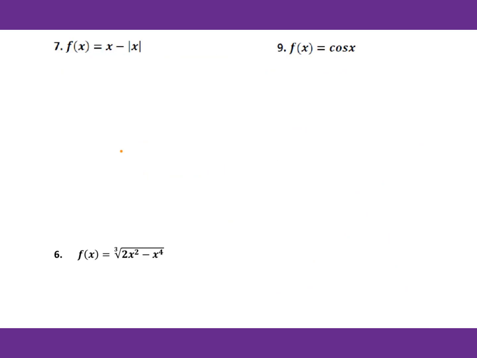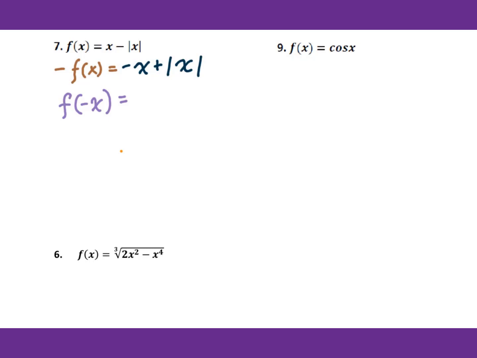Now let's go to number 7. Still, I need to work out the opposite of f of x. The opposite of this x will be negative x. The opposite of negative absolute value of x means positive absolute value of x. So we got the f of negative x now.